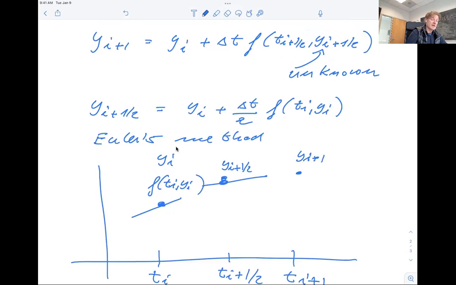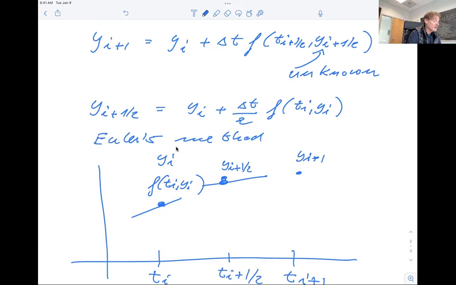So this is a two-step stage if we are using the rectangular rule to evaluate the integral. First, we make an approximation for y of i plus 1/2 by using Euler's method at the starting point, where we have assumed that we know t of i and we know y of i. This gives us a prediction for the value of y at the midpoint.